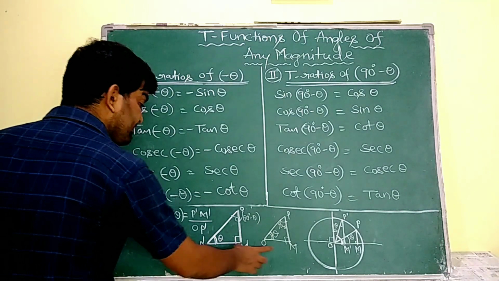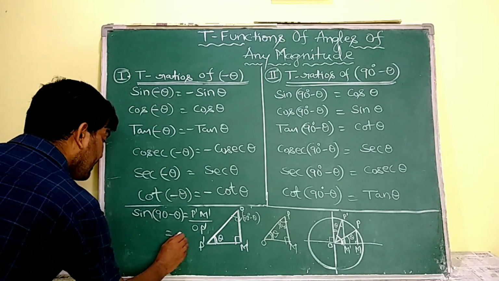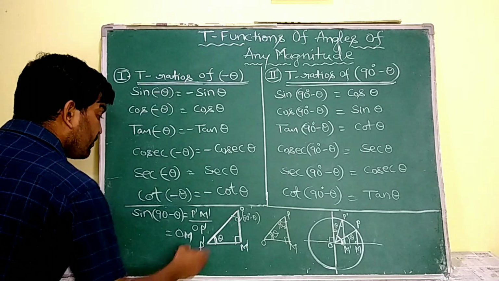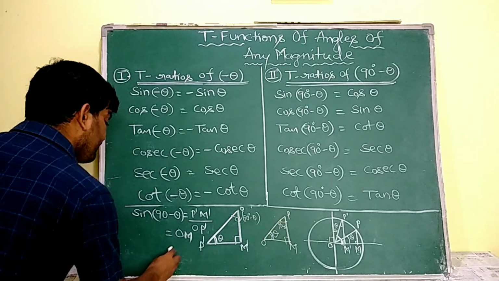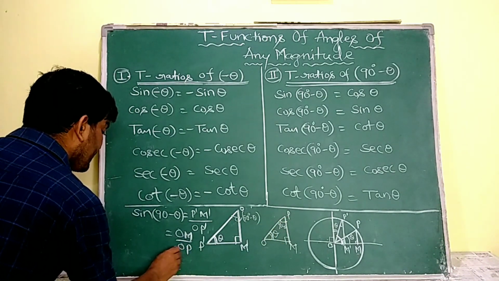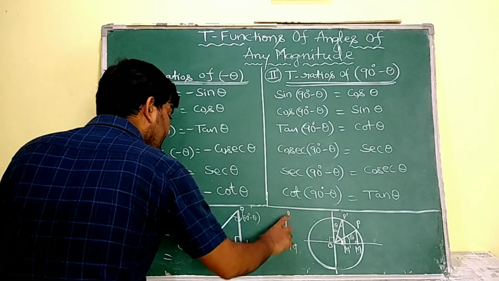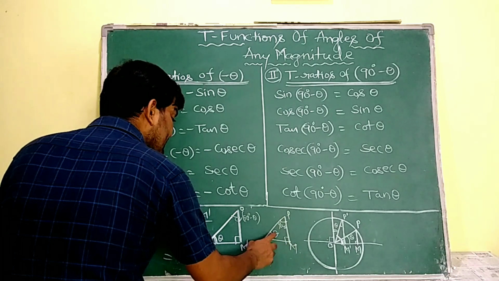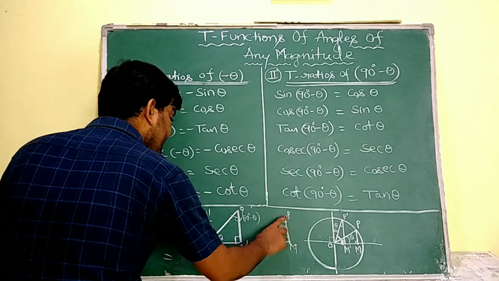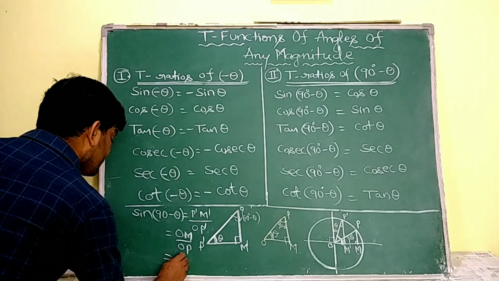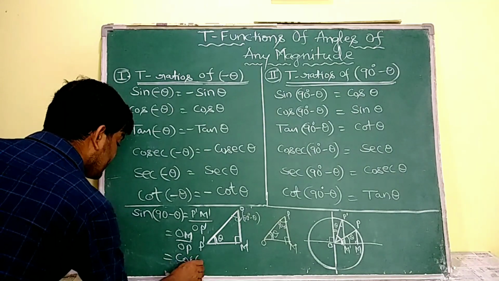It is nothing but OM. So OM by OP dash means OP. In this triangle, OM by OP means theta's adjacent side by hypotenuse. So here I am going to write this as cos theta.